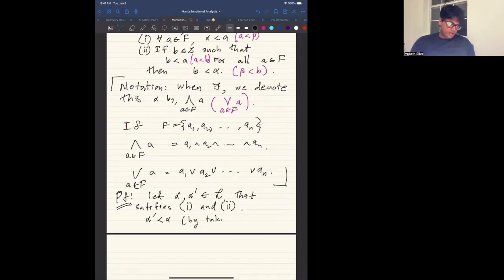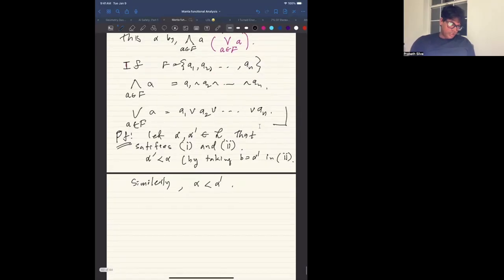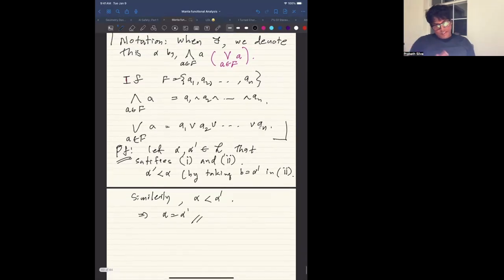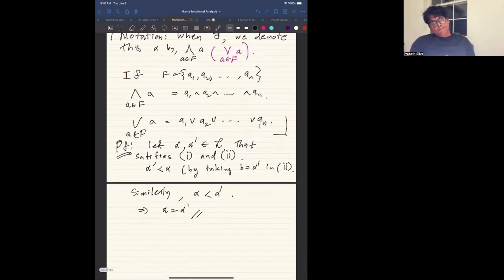And similarly, you can get alpha is less than alpha prime. So this will tell you that alpha is equal to alpha prime. So if it exists, then it is unique.